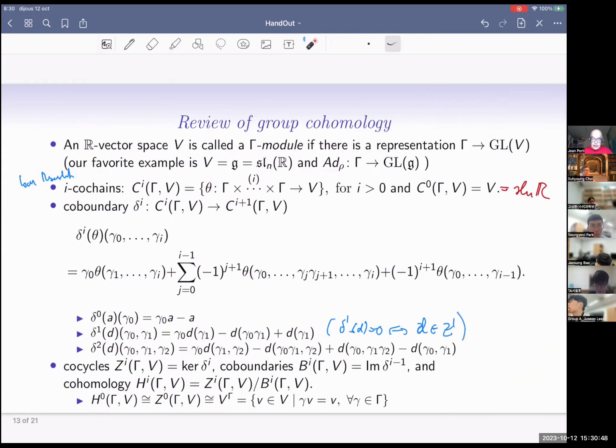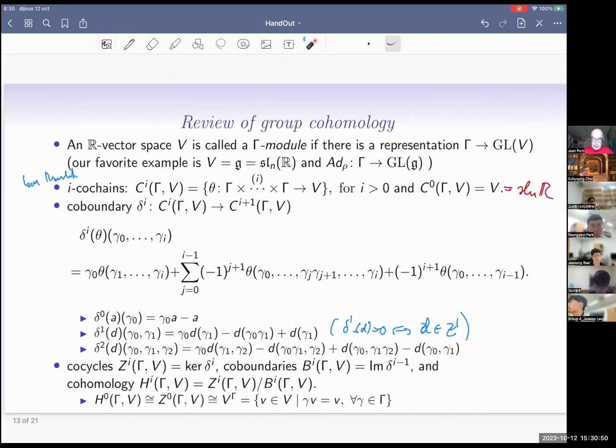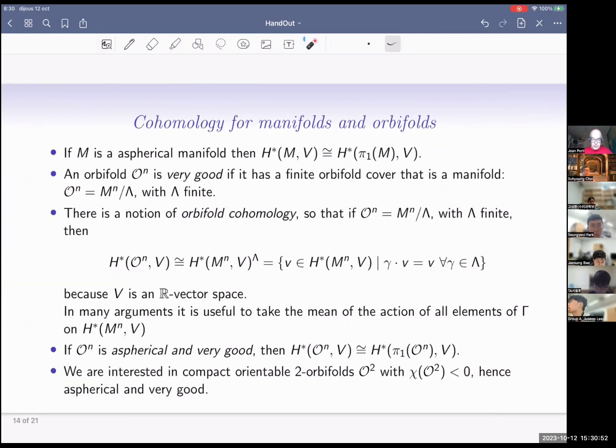Okay, and I said I was interested in manifolds and orbifolds, so there is an important issue: when I have a manifold, this cohomology is the same as the group cohomology, and there is a natural isomorphism. Okay, the standard cohomology with twisted coefficients. This stands for the standard cohomology of the manifold.